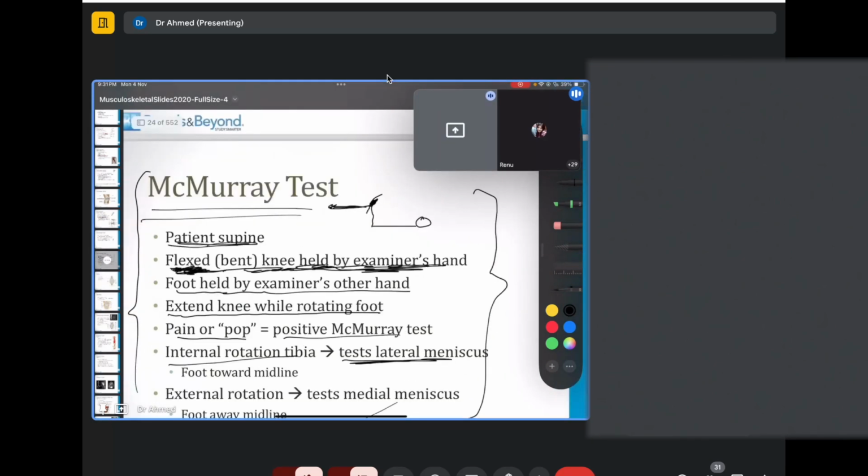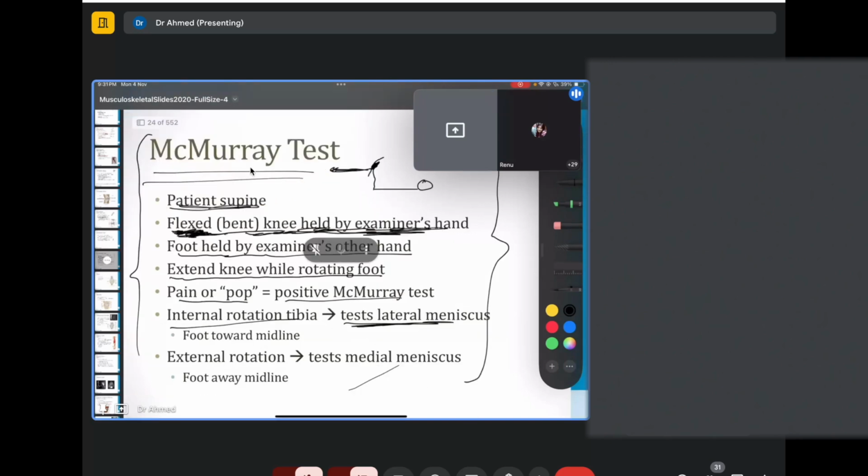Anyone who knows the McMurray test, can you tell us? Basically, the idea is that you are rotating and seeing the menisci during rotation.